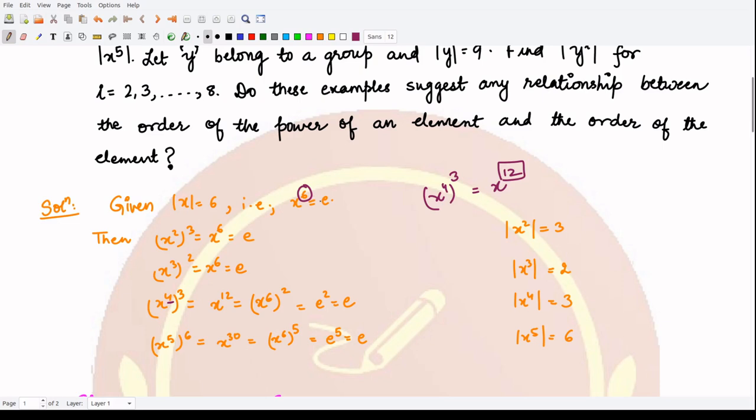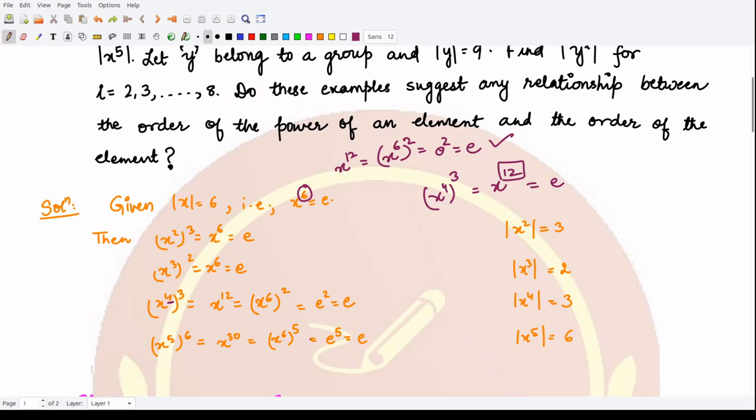Because if x raised to power 6 is e, then x raised to power 12 can be written as x raised to 6 squared, which is e square, which is also e. Hence if you take x raised to power 4 to the power 3, you get identity, therefore the order of x raised to power 4 is 3.